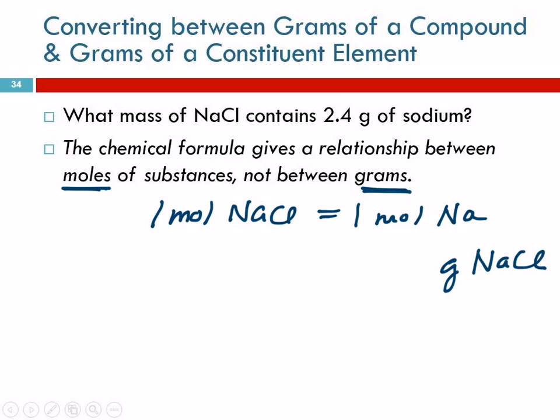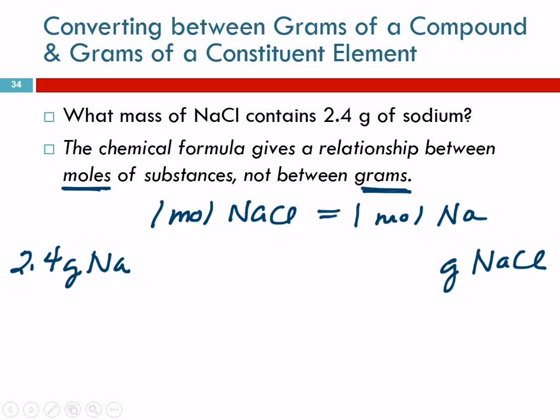So we've got 2.4 grams of sodium that we're starting with, and we're trying to get from there to grams of sodium chloride. What we have to do is go to moles in the middle, because our relationship between sodium chloride and sodium is on a particulate level. It's looking at the individual particles. And so we need to use this ratio in the middle.